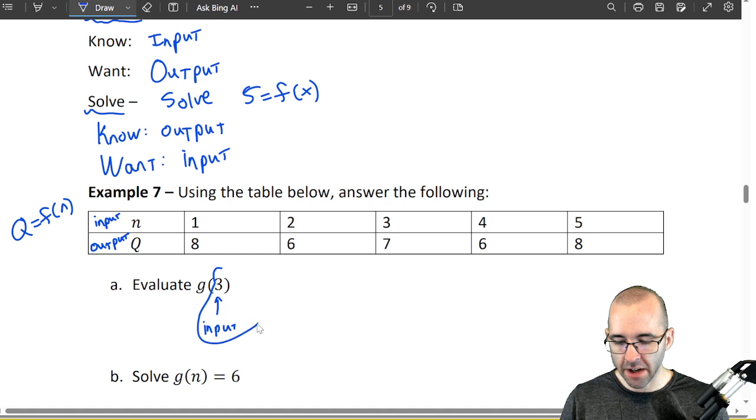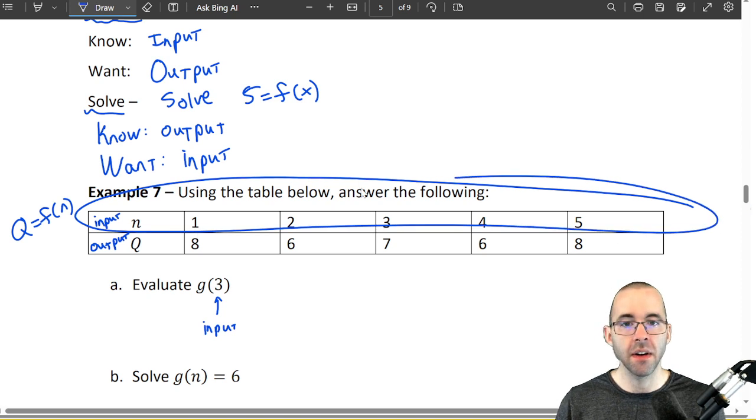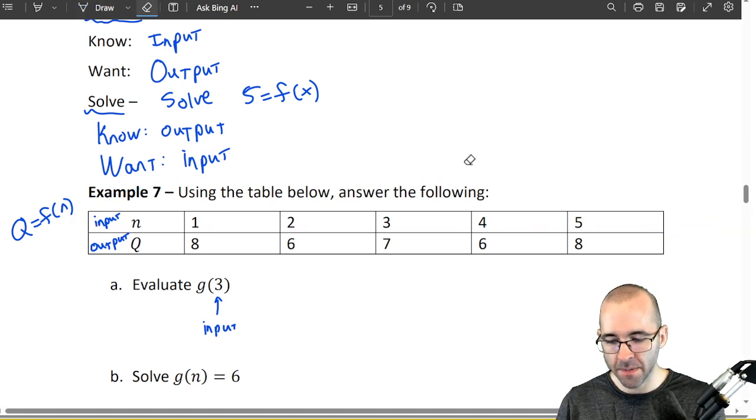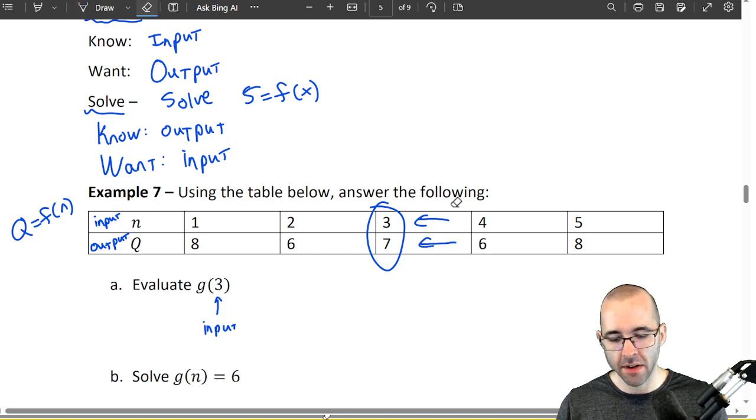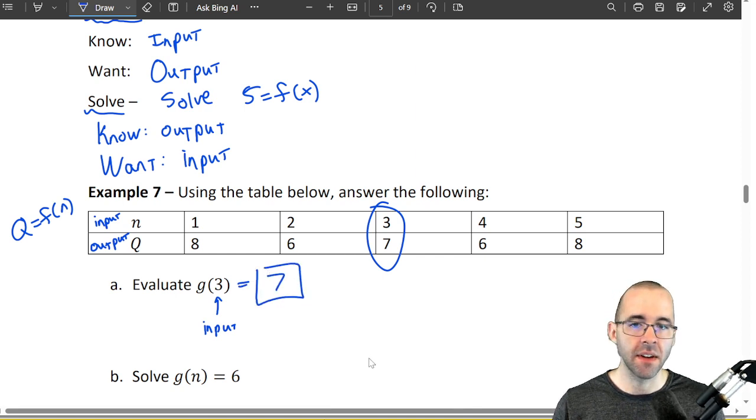So if 3 is our input, we find 3 in our table, or the input row. We're only looking at inputs, and we want to know when the input is 3. Input is 3 right here. And when the input is 3, what is the output? It's 7. So this is our answer.